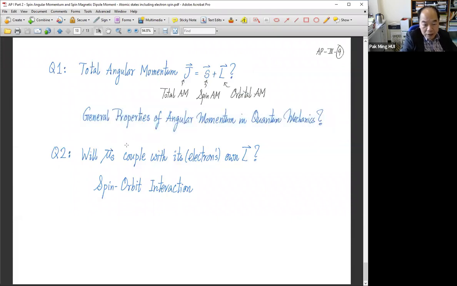For the answer to the second question, will the electron's motion generate a field to couple with its own spin magnetic dipole moment? The answer is yes. This effect is called spin-orbit coupling or spin-orbit interaction. These are the two topics that we would like to explore in the next few sections.